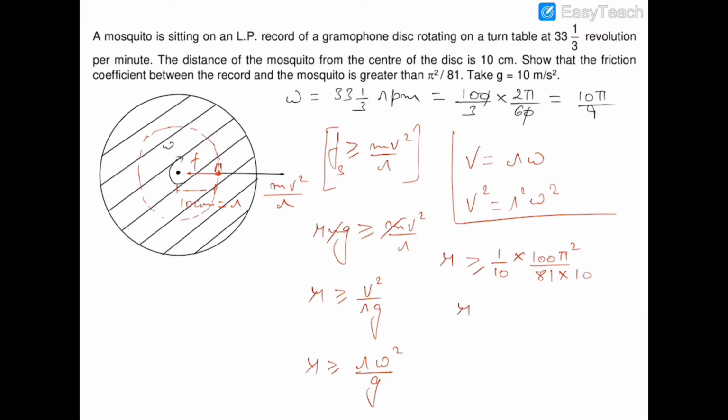So mu should be greater than or equal to pi square by 81. So we have shown that the friction coefficient between the record and the mosquito is greater than pi square by 81, which is the proof of the question.